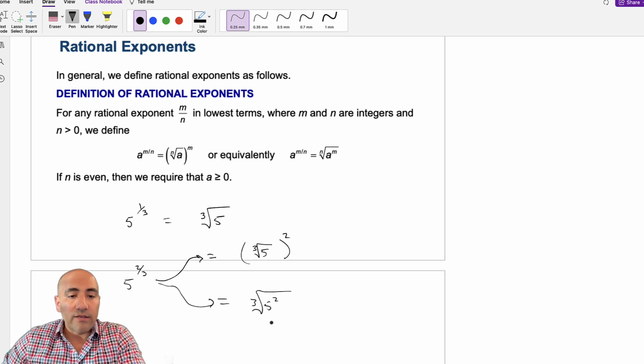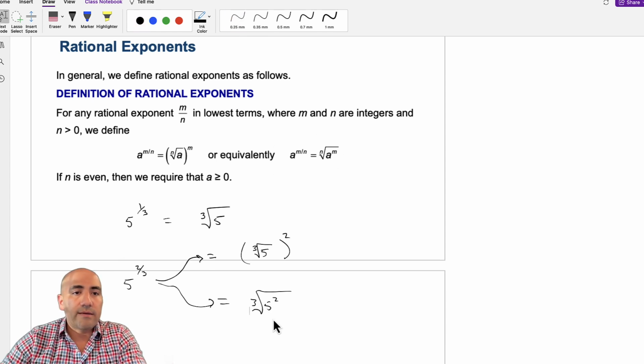Either one, whatever works best, is fine. They're both equivalent. That's why there's two versions of this. All right, let's do some examples.